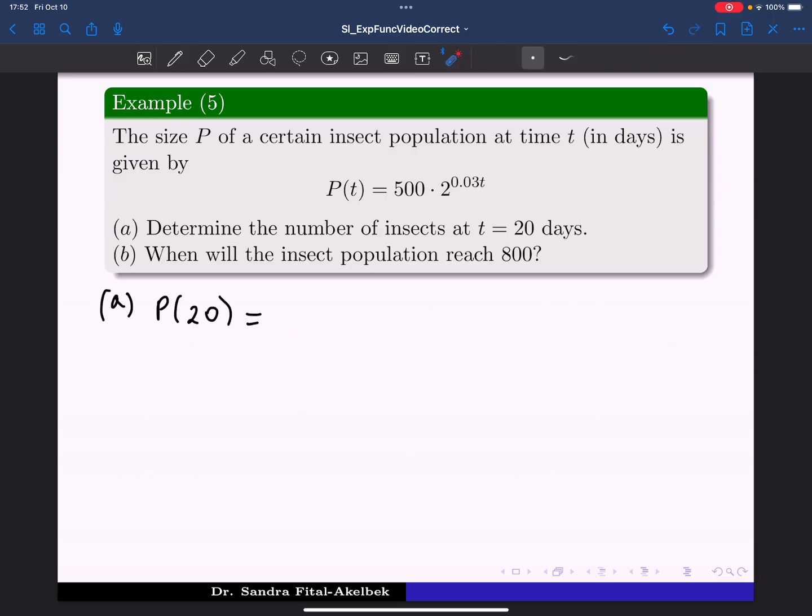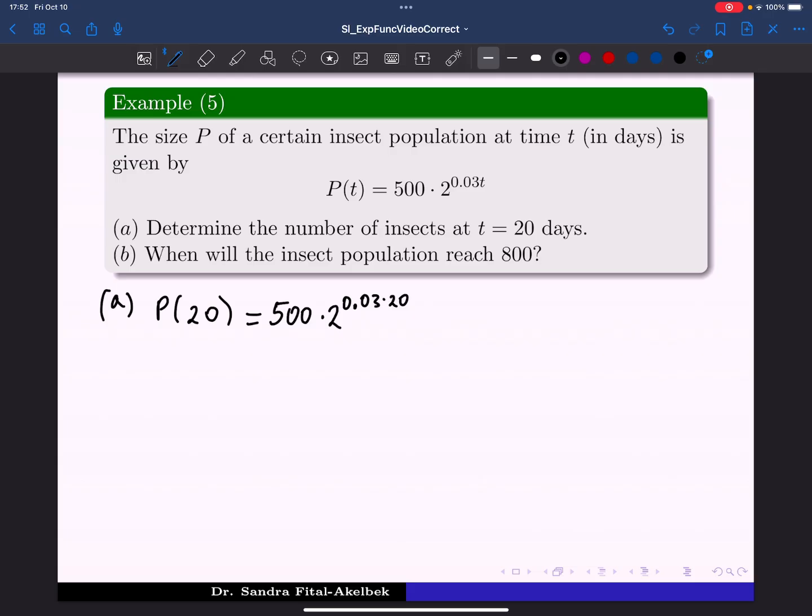As time t is 20, we substitute 20 for t and enter this into the calculator. So we have 500 times 2 to the power 0.03 times 20.